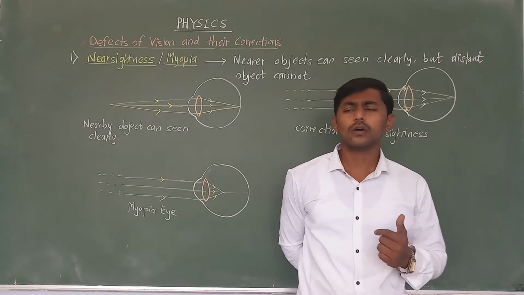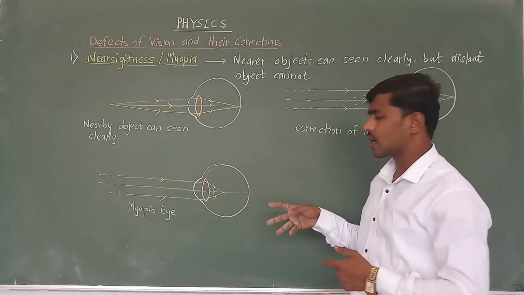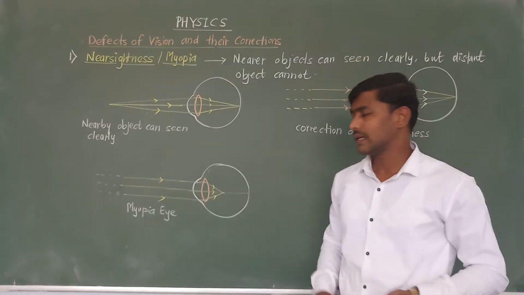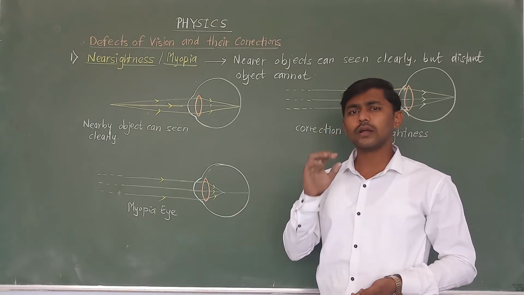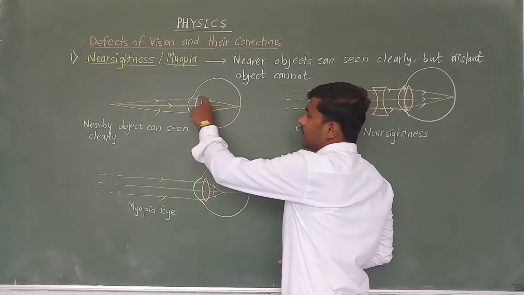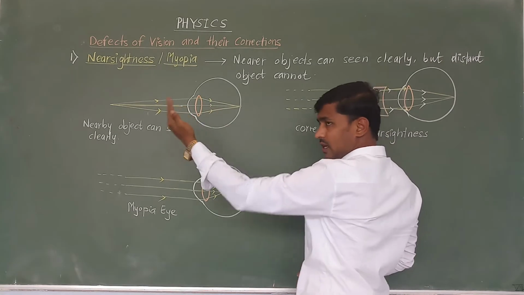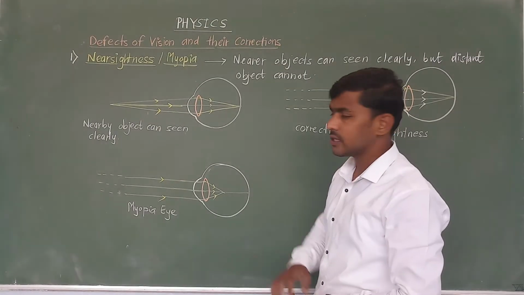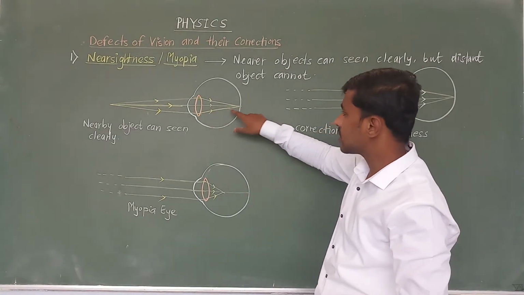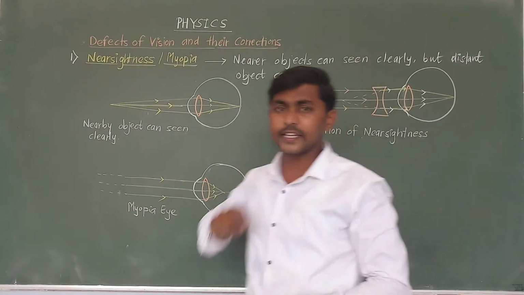These are the rays coming from the far object, but for a healthy person, the rays coming from the far object should diverge at this point, that is the far point from this eye or retina.